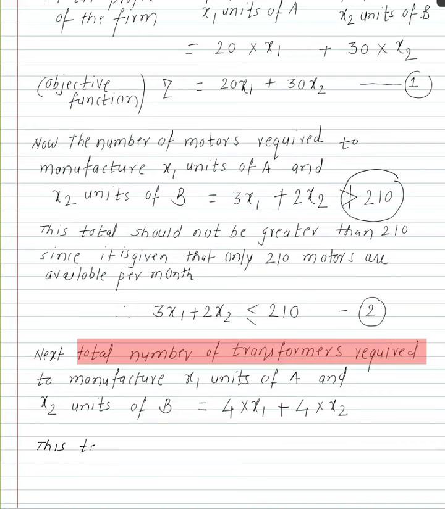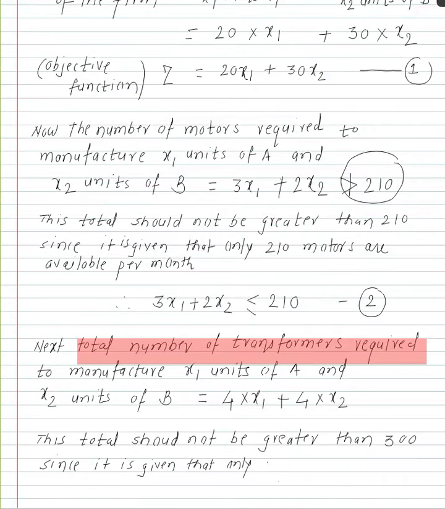This total, that is total number of transformers required to manufacture x1 units of A and x2 units of B, should not be greater than 300, since it is given that only 300 transformers are available per month.